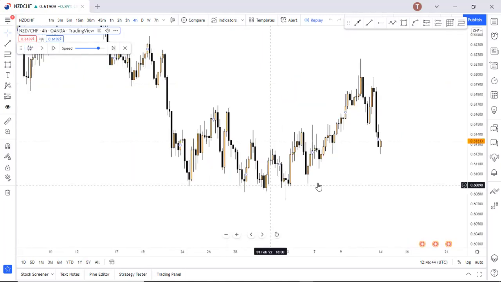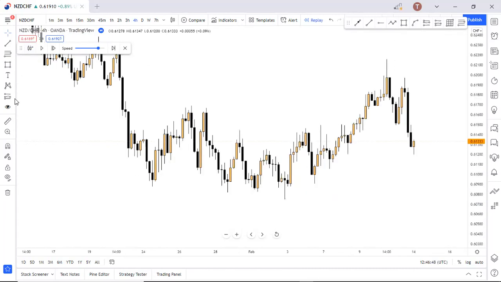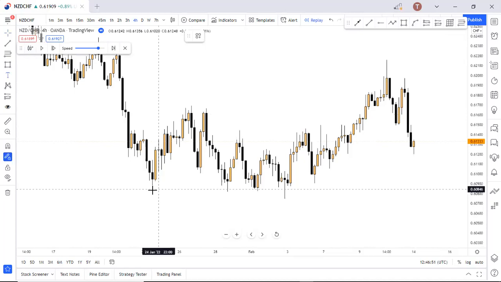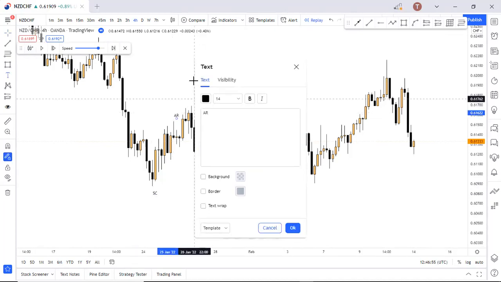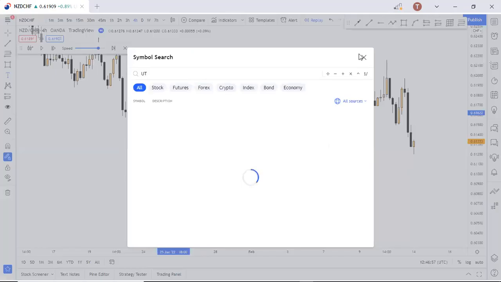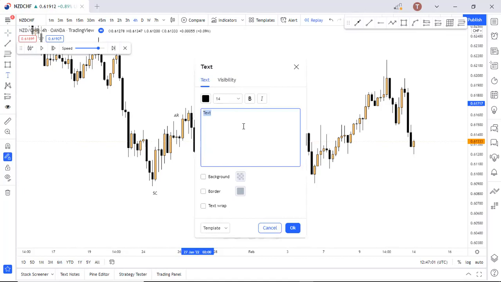So let's quickly relabel our charts. We have the selling climax, the automatic rally, the upthrust, the sign of strength, our secondary test 2, and our spring.